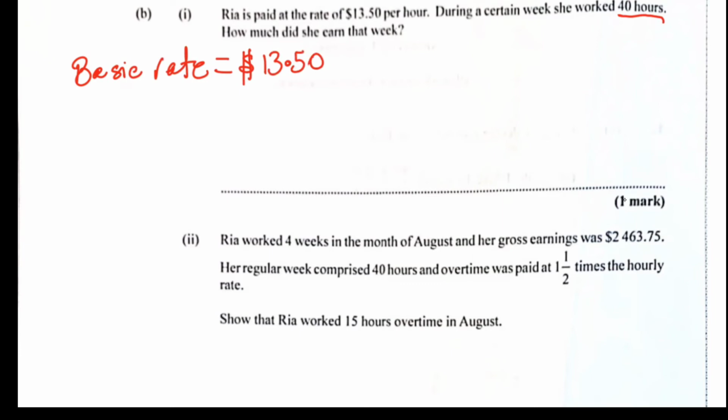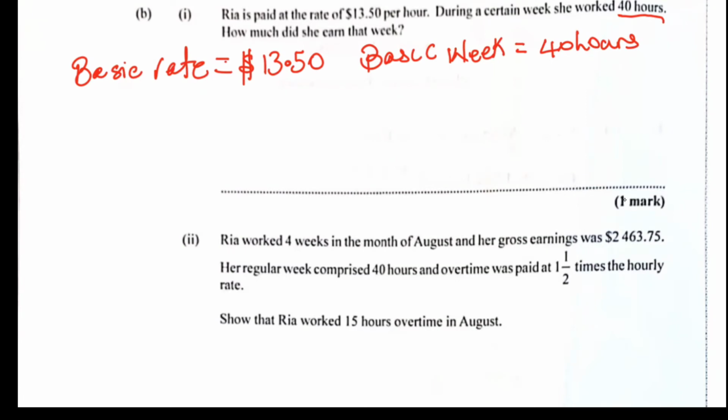So she's been paid $13.50 per hour, and her basic week is time. We're talking about 40 hours each week. So this person will be working 40 hours every week. So the question is asking how much she earns that week.